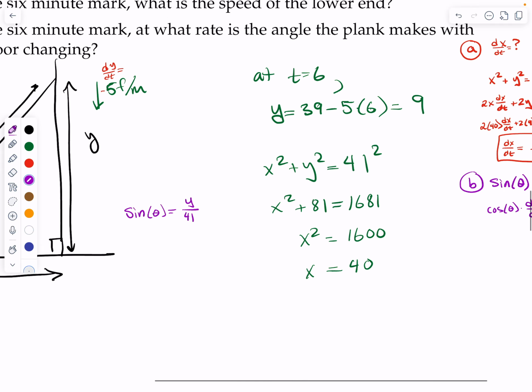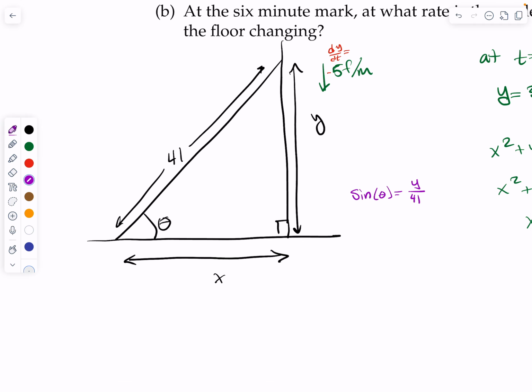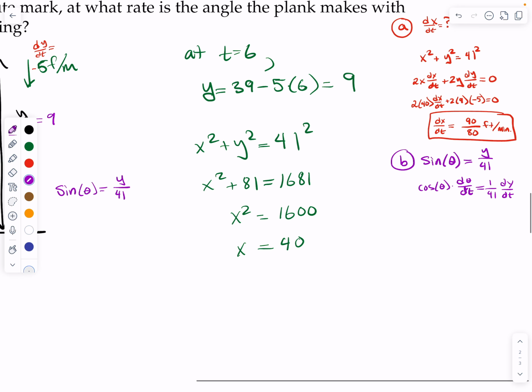At this moment in time, when y is equal to 9 and x is equal to 40, theta is equal to the arc cosine of 40 over 41. Interesting. So we could use that over here.